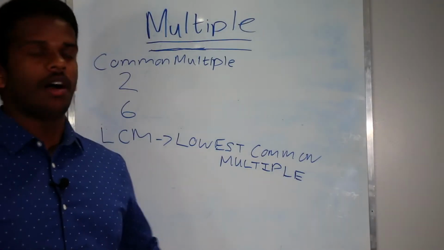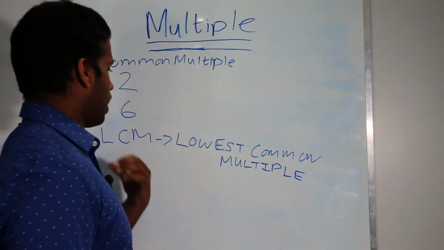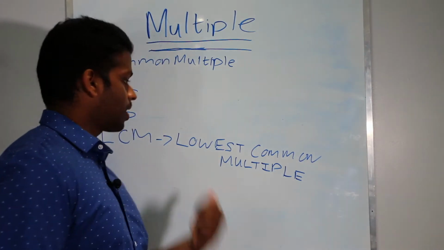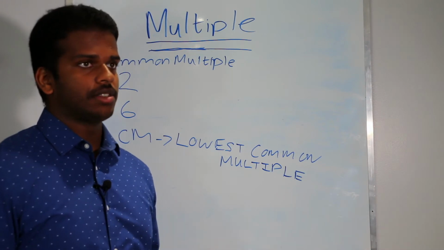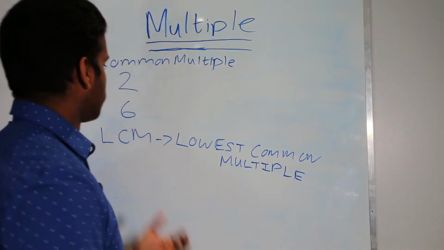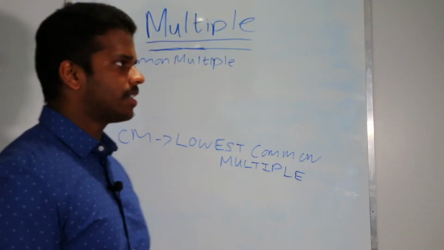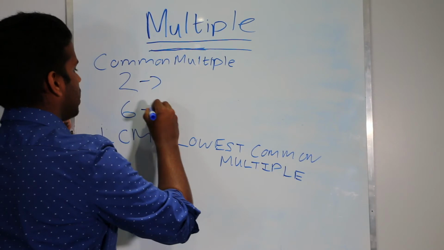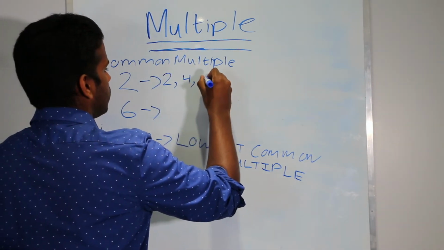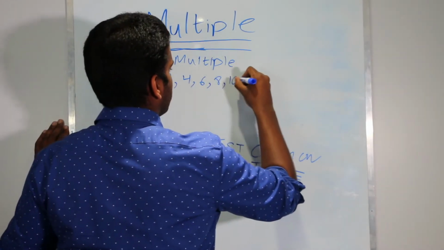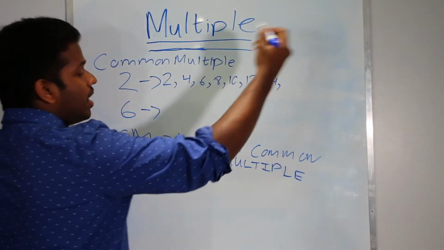Continuing on, we now have common multiple and lowest common multiple, and this is very important, especially when we're trying to find equivalent fractions, or when we're doing operations with them. Common multiple is the same idea as common factor. We list the multiples: 2, 4, 6, 8, 10, 12, 14, basically 2 times each positive integer.